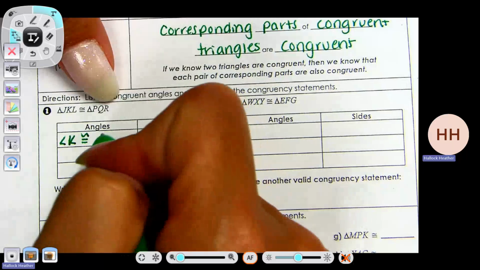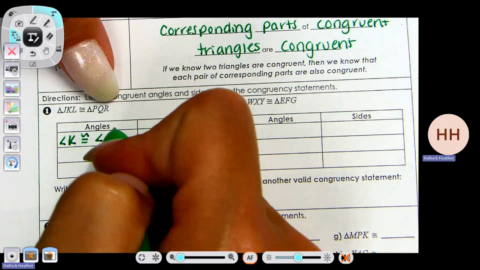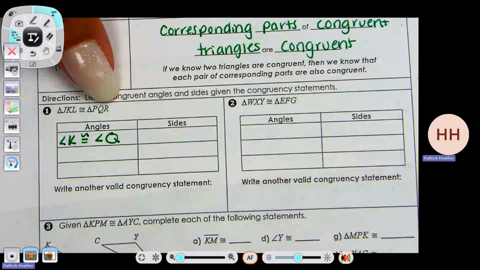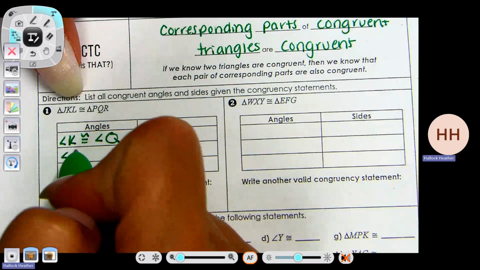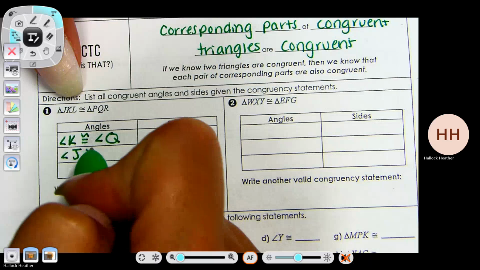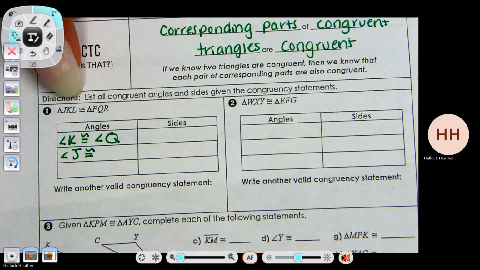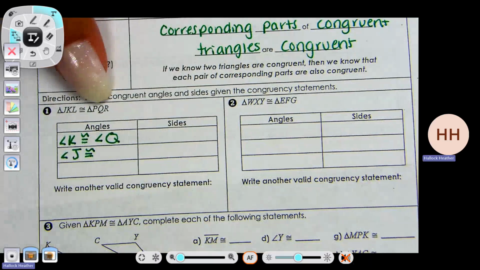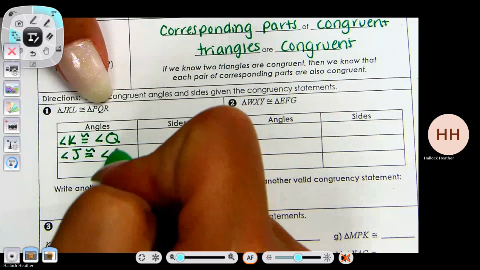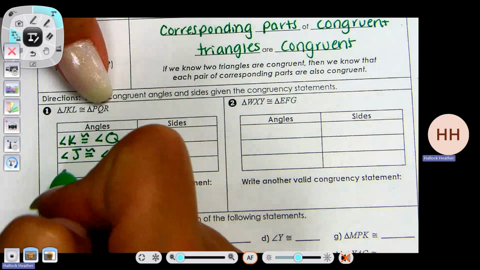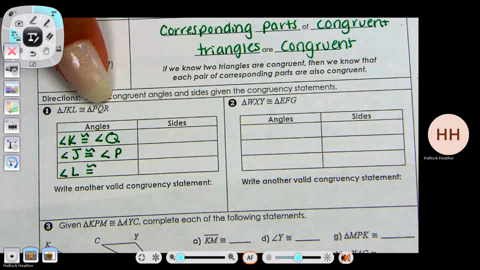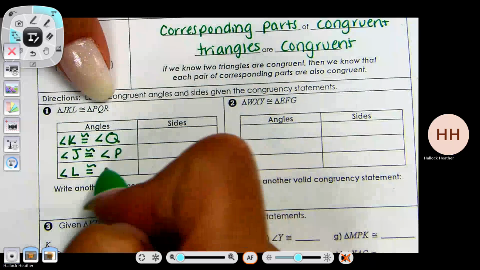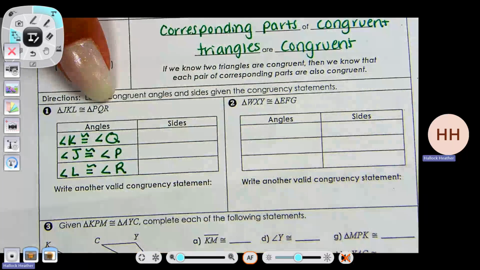Q. So we're going to say angle K equals angle Q. They are congruent. What would angle J be congruent to? J matches P. And then the last two would have to be L and what? R. So when you're doing angles, it's one letter, which is nice.